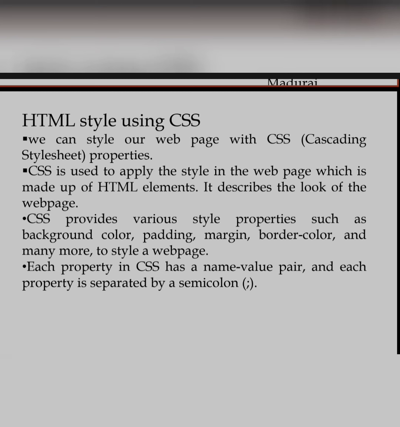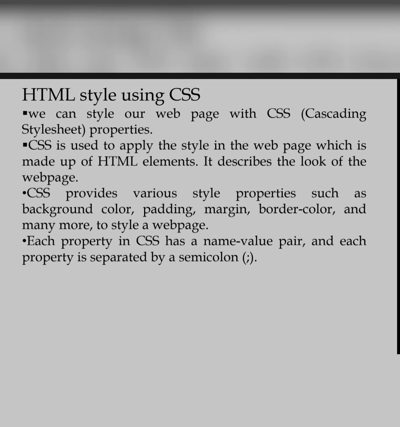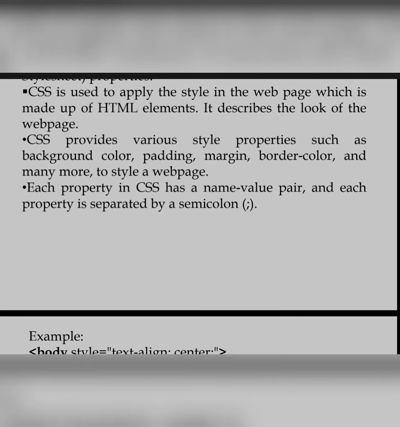It provides various style properties such as background color, padding, margin, border color, and many more to style the web page. Each property in CSS has a name-value pair, and each property is separated by a semicolon.